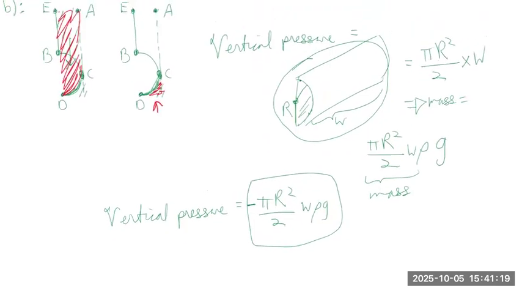Well, first of all, we know that the first vertical portion, this portion, will not have a vertical pressure associated with it because the vertical force will be parallel to this wall segment. However, on this semicircle area, there will be a vertical pressure. So that was the section we calculated the vertical pressure for.